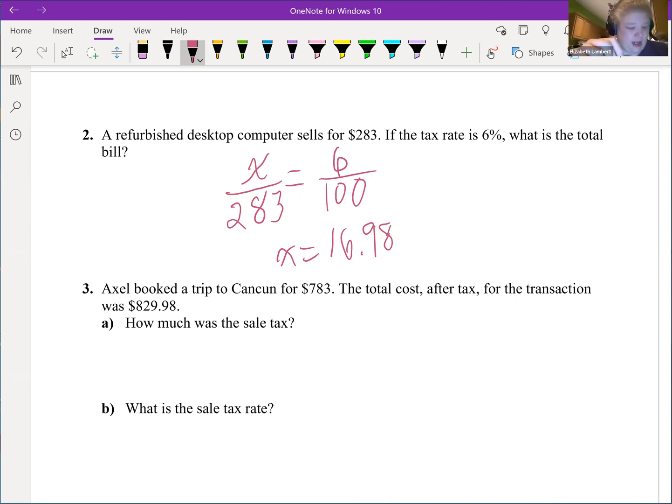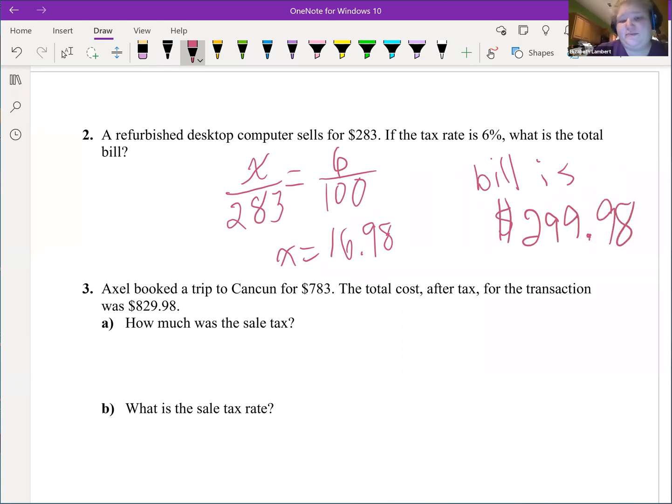And then we're going to add that to the 283. Yeah, that definitely looks like a price now. $299.98. See, just under $300. Yeah, I think these notes were written several years ago.